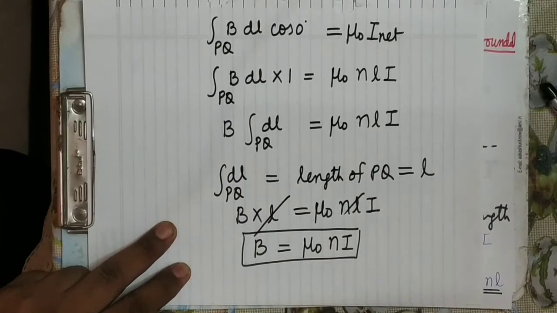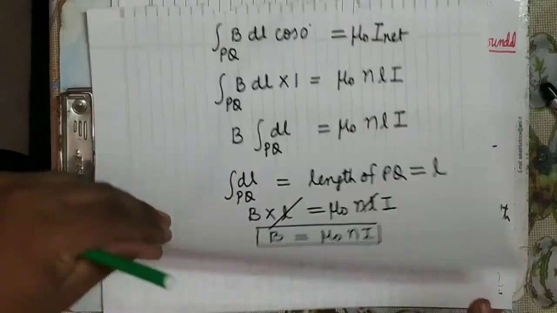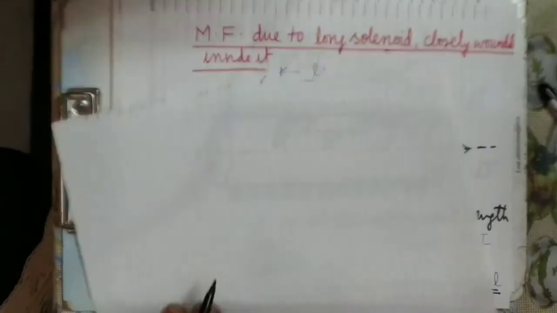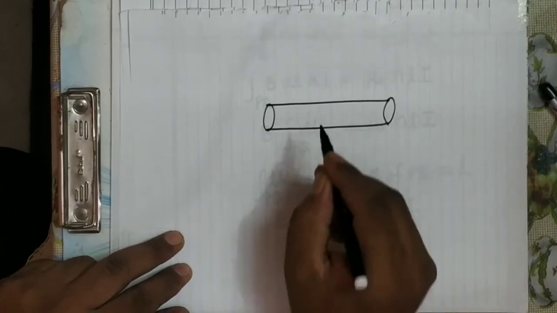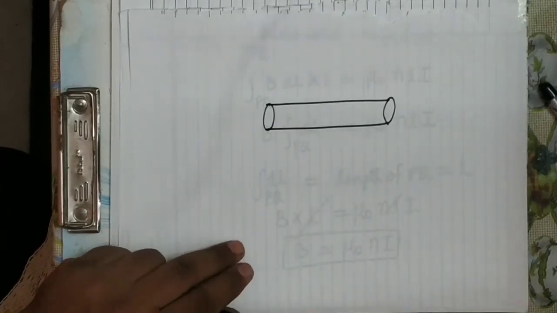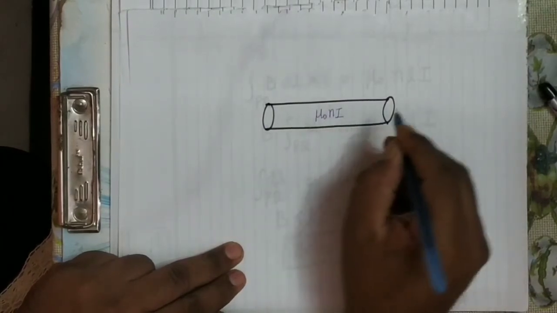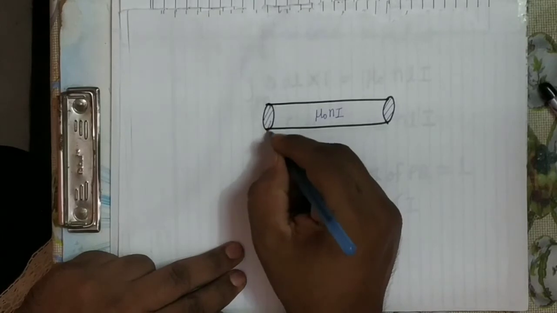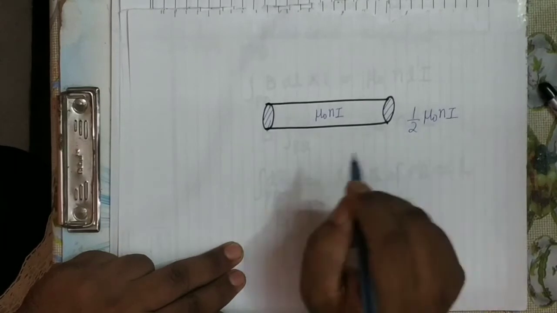This is the formula of the magnetic field due to a long closely wound solenoid. It is clear. If the solenoid is of finite length, as I have already told, it is not of infinite length but has some finite length, then well within the solenoid in the central portion it will be mu naught n I. While at the ends, here or here, it will be one upon two of that at the center.